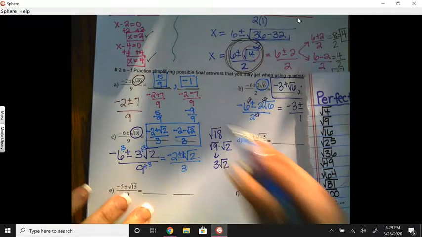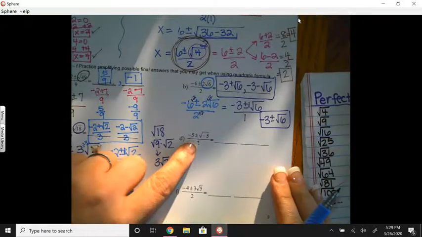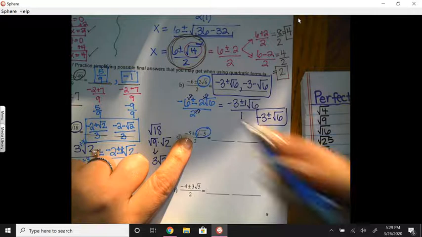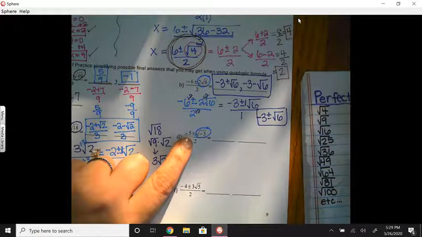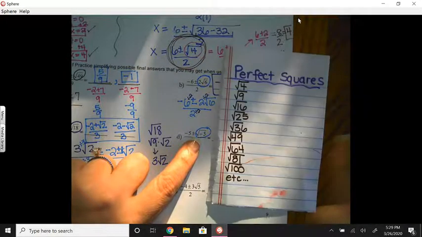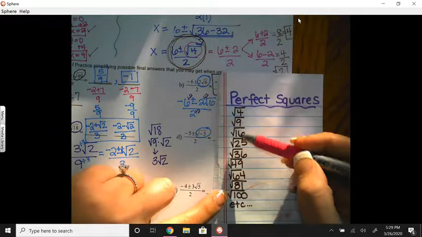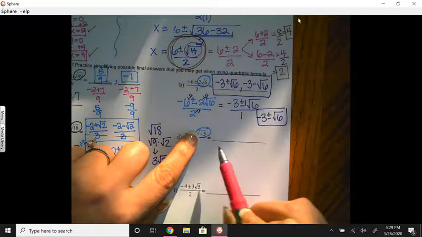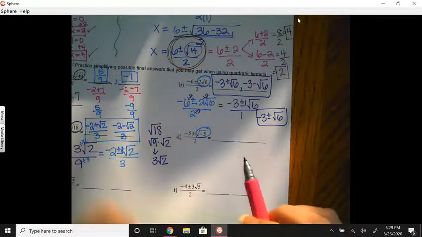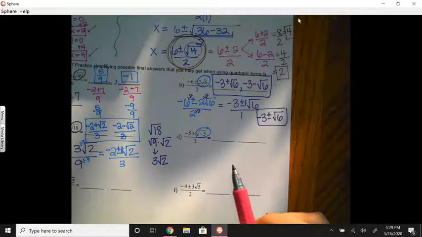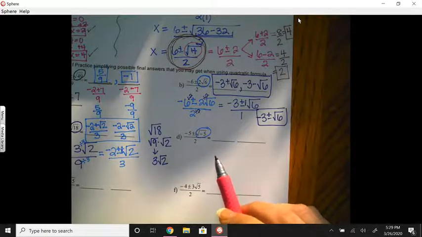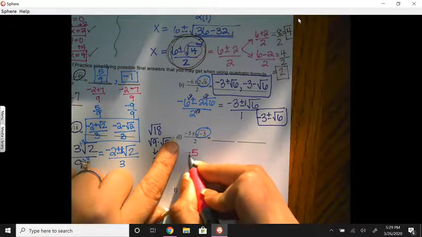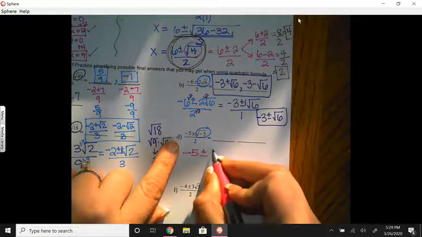Okay, let's take a look at another one here. So we do all the work, we get it down to this. We always focus on the radical first, and none of these numbers can go into 5. But since it's negative, there is no real solution. But because in this class we are allowed to work with the complex number system, or we're going to practice, I should say, we would write this as -5 plus or minus i rad 5.